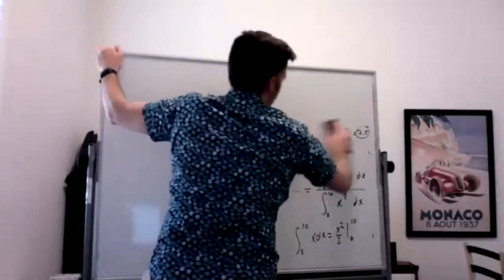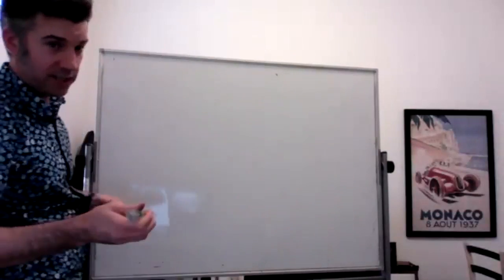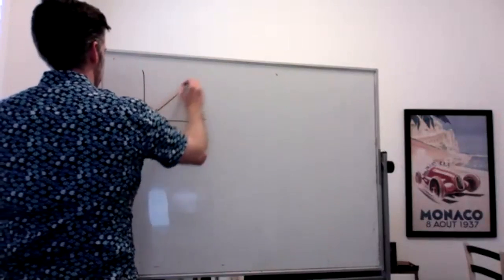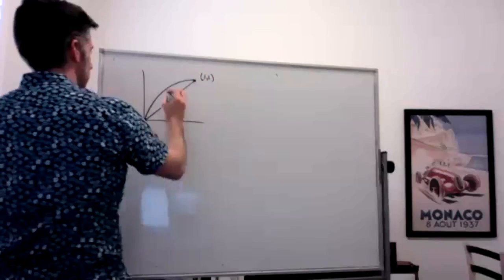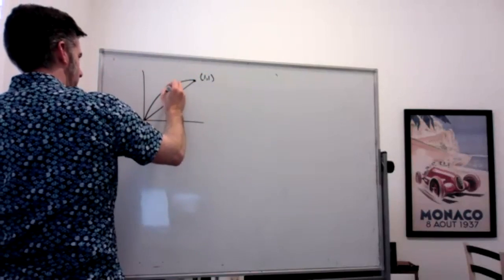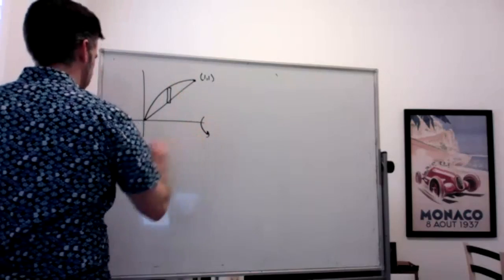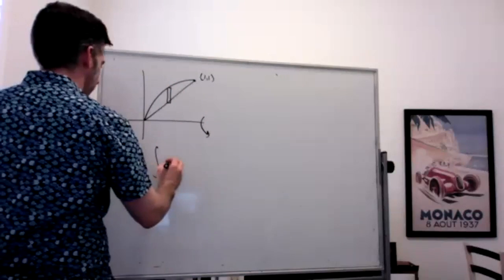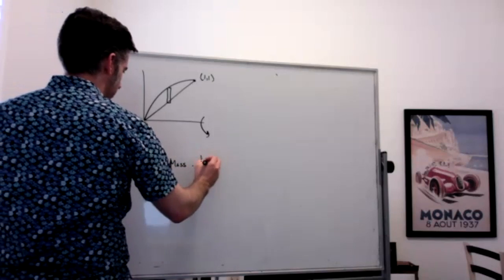So another way to find the moment of this region around the x-axis is to use a vertical strip. And to say, okay, I want to find the moment around the x-axis. Well, it's still going to be the integral of mass times the lever arm.